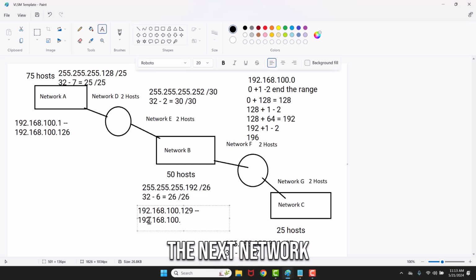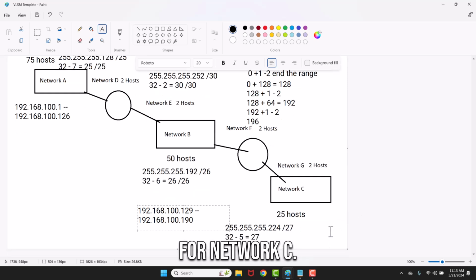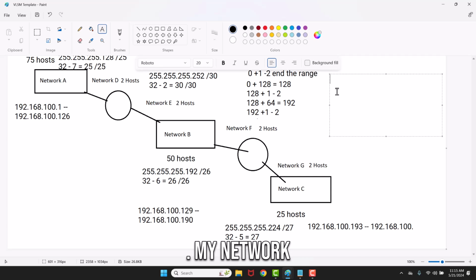The next network ID is 192, subtracting 2 back because it's a class C through 190. That then gets us to what is the range for network C. I'm going to have to increase my page size so that I even have a place to write that information. My network ID for the class C does in fact start at 192.